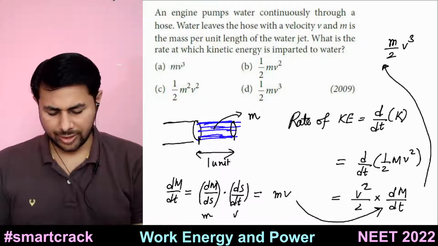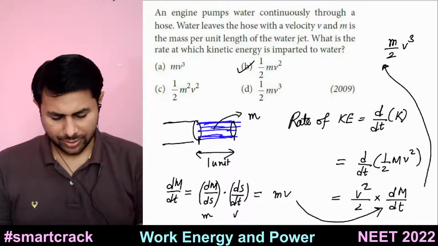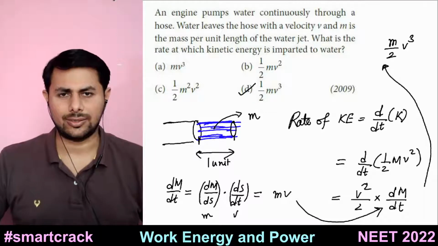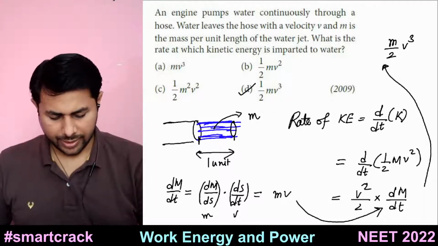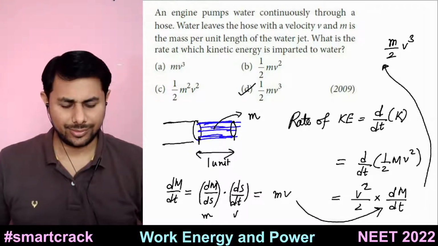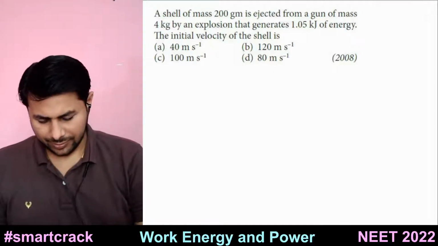So half of m into v cube is the answer. Yes, this was a simple problem. Let's move on to the next one.